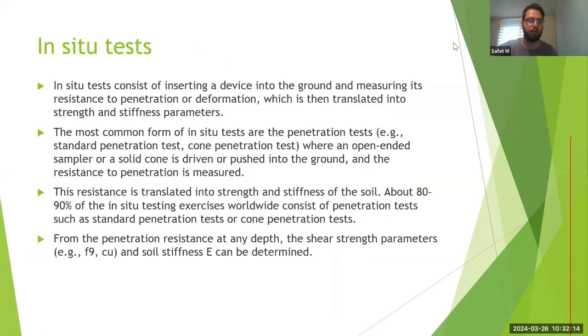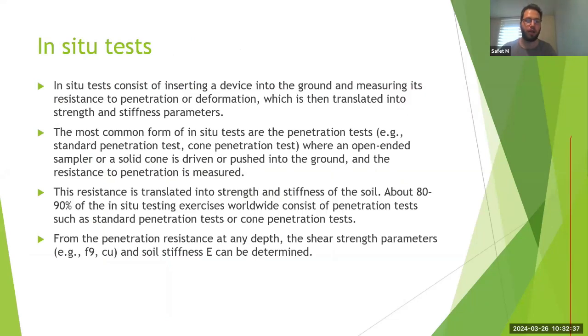So when we look at the in situ test, an in situ test consists of inserting an intrusive device into the ground and measuring its resistance to penetration of the formation, which is then translated into strength and stiffness parameters, as the soil parameters or the rock parameters, regardless.